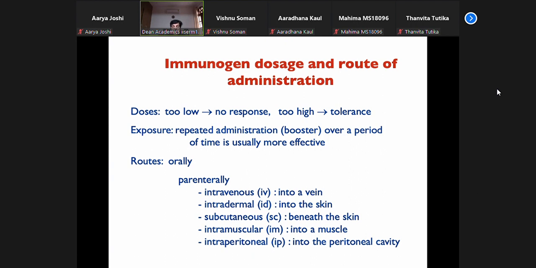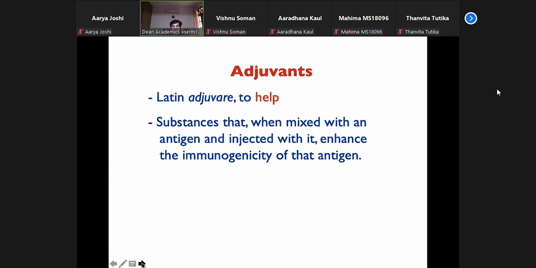So these are good routes of immunization: intradermal, subcutaneous, or intramuscular to some extent. Now, they say you can do intranasal vaccination, but it is not going to be that efficient if you have not optimized your system. There are so many factors which decide immunogenicity.